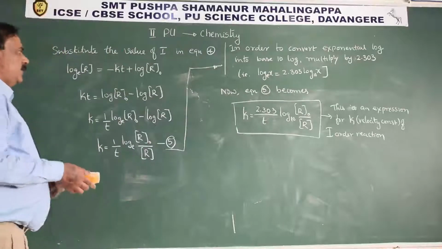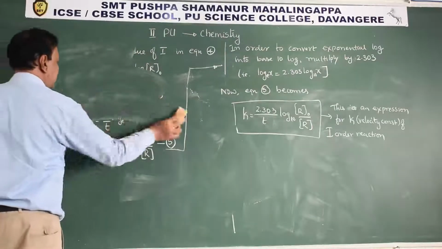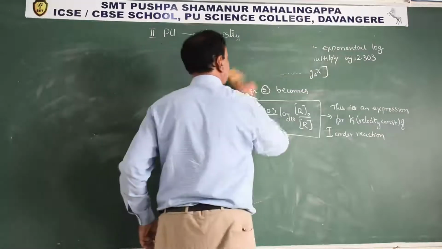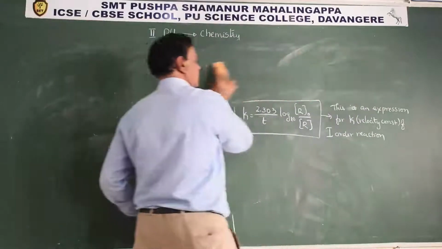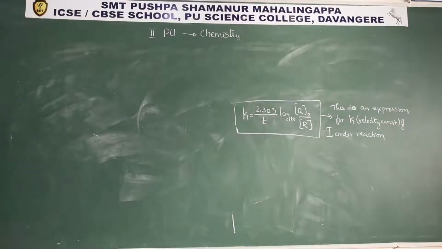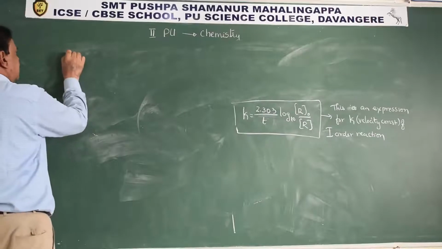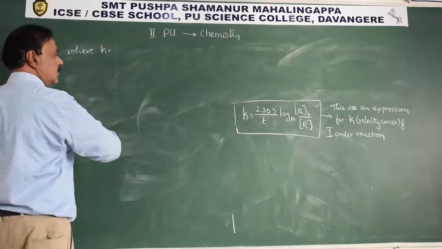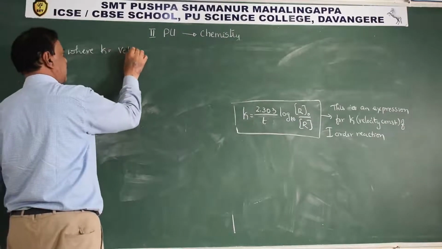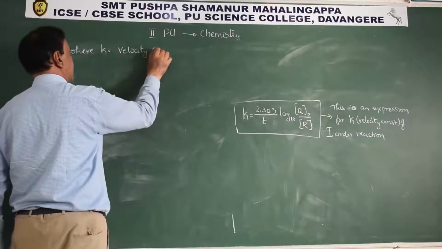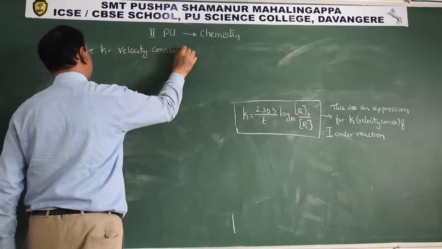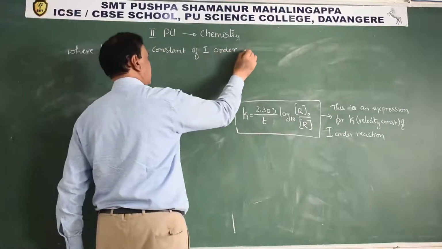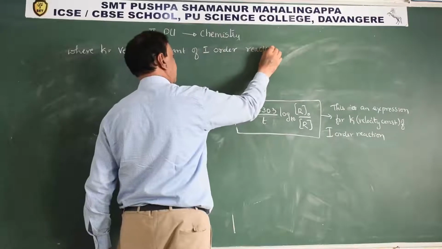Now define what you mean by k, R naught, R and t, all these variable factors. Where k is equal to the velocity constant of the first order reaction.